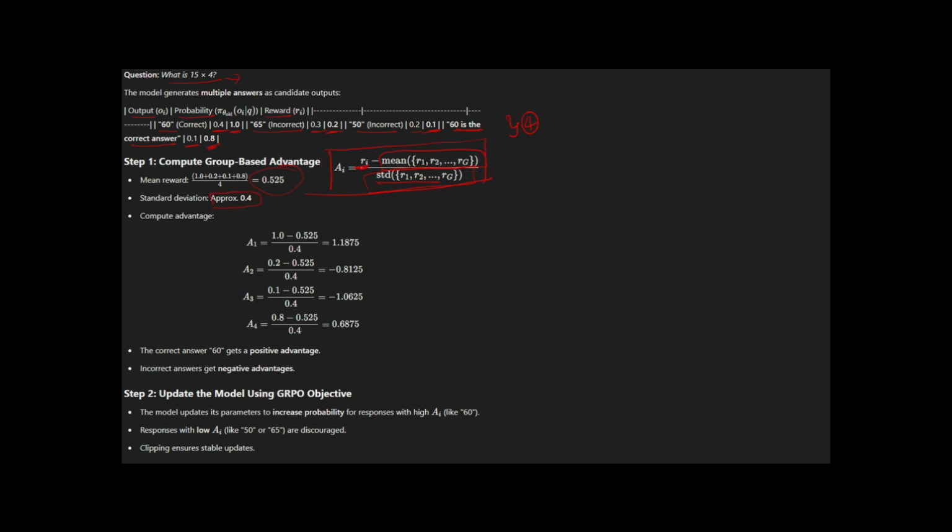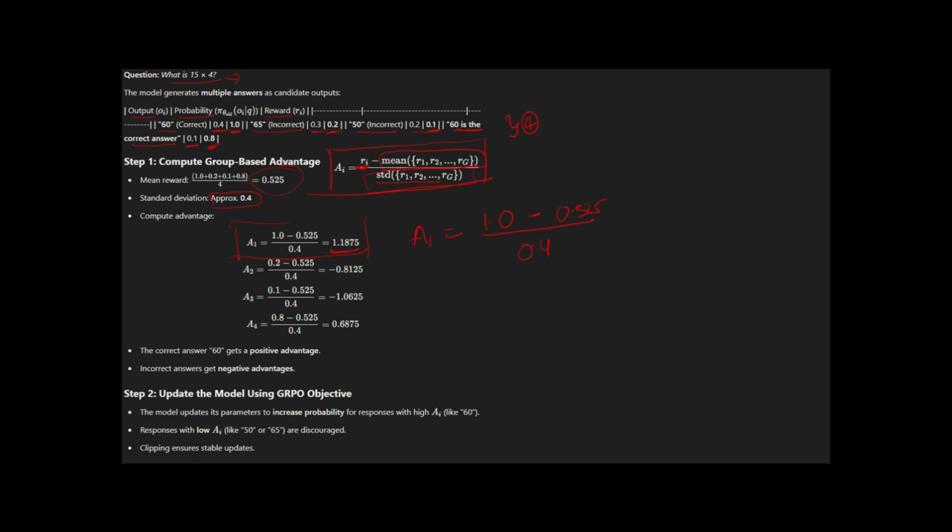We'll plug these numbers into the equation and calculate the advantage function for the first output. A1 equals the reward for the first output, which is 1.0, minus the mean, which is 0.525, divided by the standard deviation, which is 0.4, which equals 1.1875.